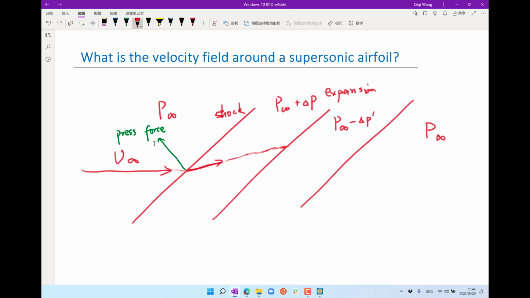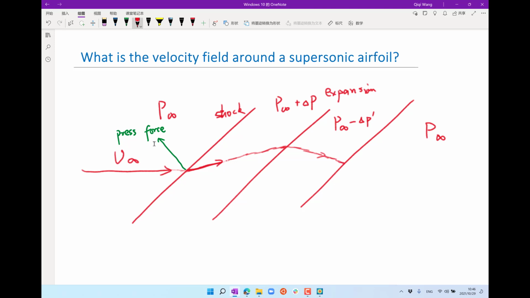It'll speed up, right? Exactly the opposite effect. But again, the velocity component along the expansion wave would not change. Only the normal direction velocity would speed up. So how does it respond to a turning of the flow? It'll turn downward, right? It'll go that way.